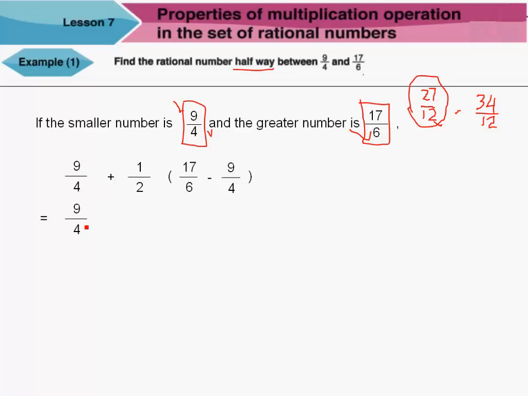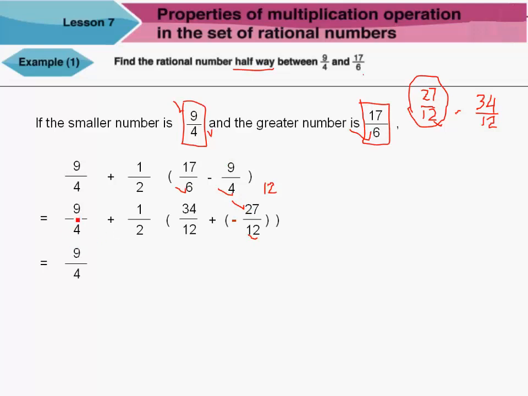We have 9/4 plus half of. We have 6 and 4. So the denominator will be 12, as I told you here. So this will be 34 divided by 12 minus 4 times 3 is 12. So 9 times 3 is 27.